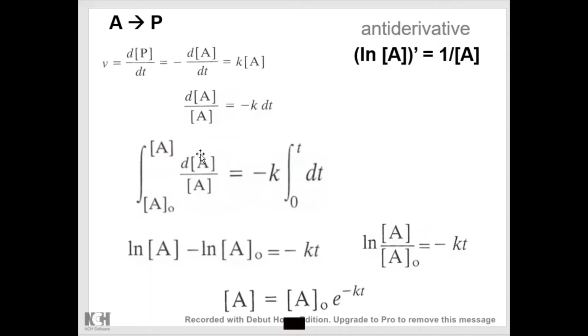When I take the antiderivative of this expression, I will get the natural logarithm of A minus the natural logarithm of the concentration of A at the initial time point. Then it can be rewritten this way, and I exponentiate both parts, and I get that the concentration of A depends on the initial concentration of A, and it decays exponentially.